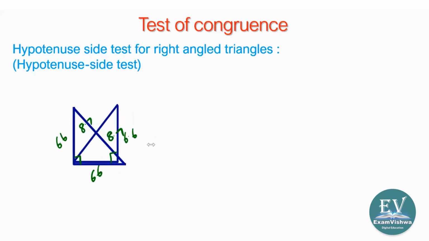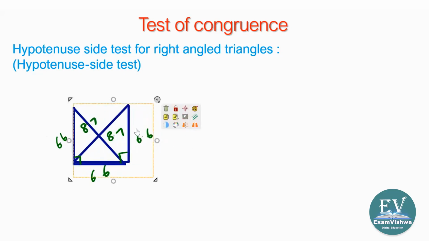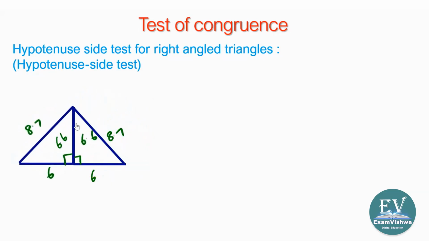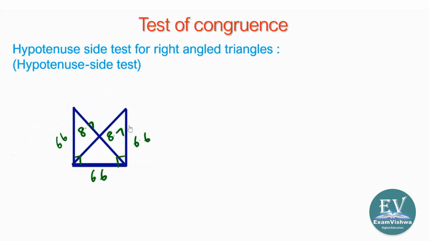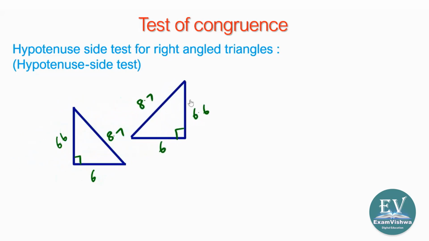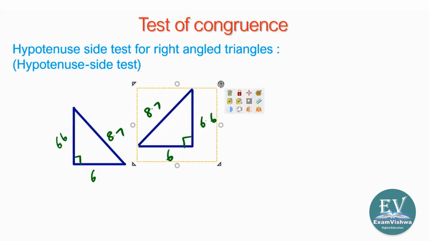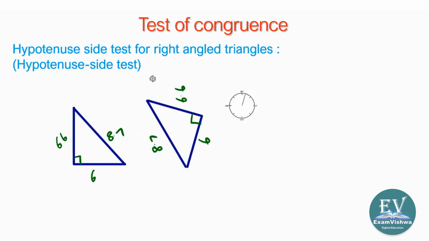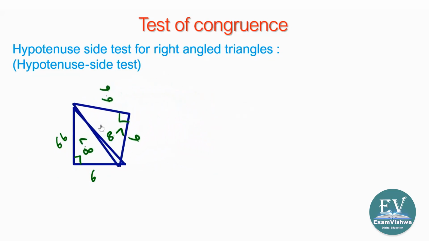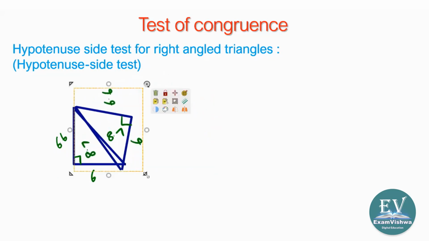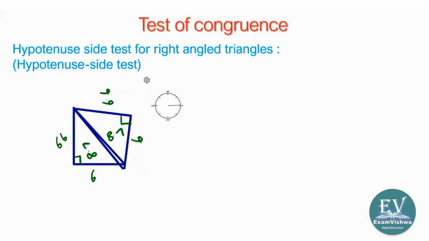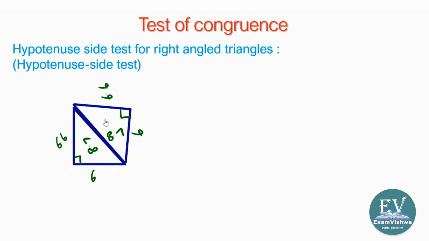No, not possible. So leave it aside. We will see that the sides are congruent when this 6.6 is matching, this 6 is matching, and 8.7, drawn by us, is also matching. We will see the matching of it. So all these three sides are perfectly matching, means these two are congruent triangles.